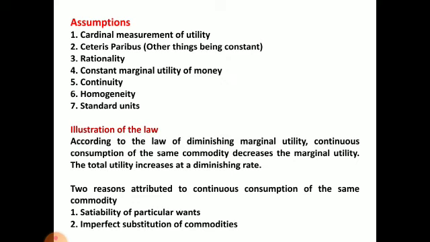The consumption of one banana in the morning and another one in the evening will not diminish the marginal utility. If you want to measure the marginal utility, you have to consume it without any time interval. Only then this law can be applied.